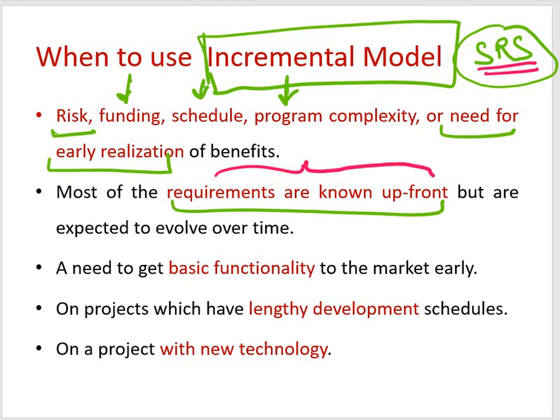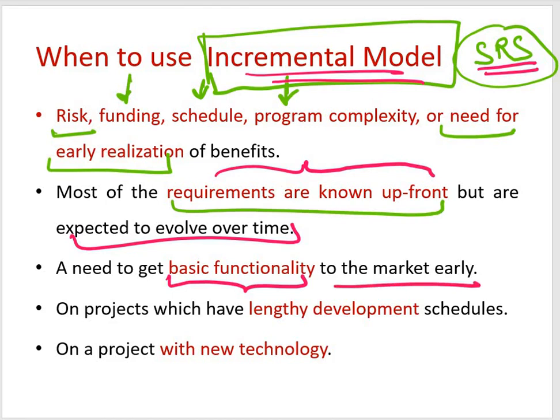But the problem is that these requirements will be evolving over a period of time. In that case, once again, I'll prefer to go ahead with the incremental model. Plus, I need to make the basic functionality available to the market very early. In that case, I'll prefer to go ahead with this incremental model, right?